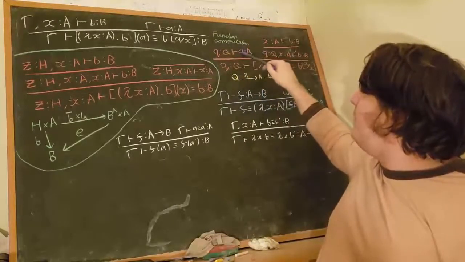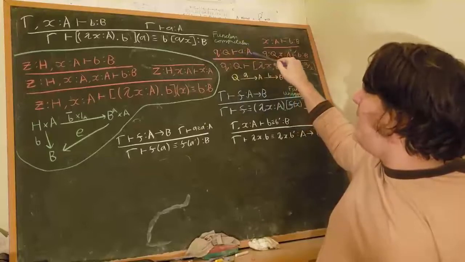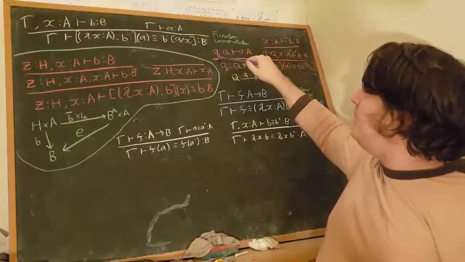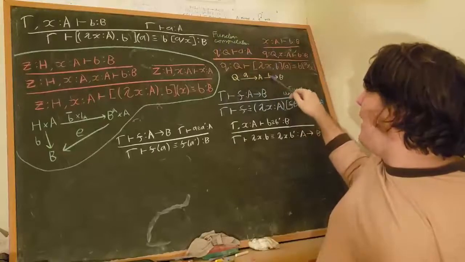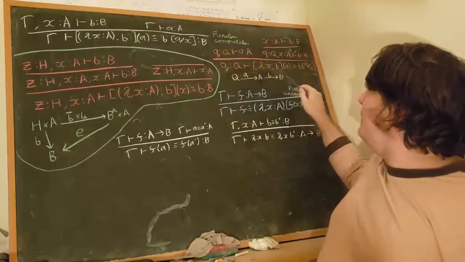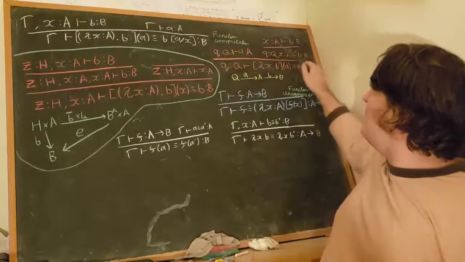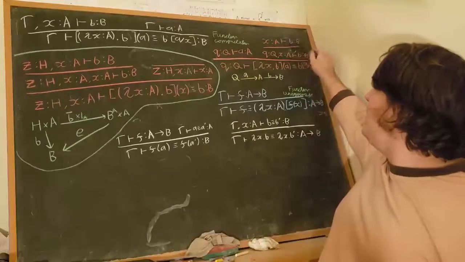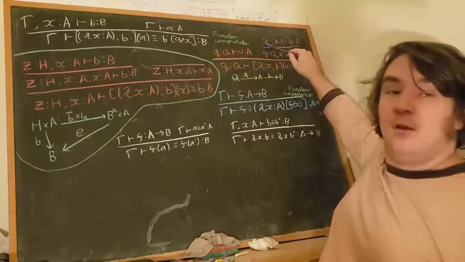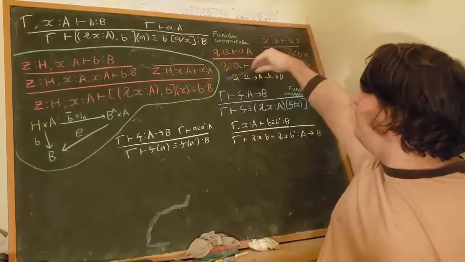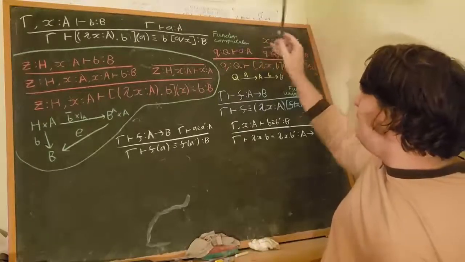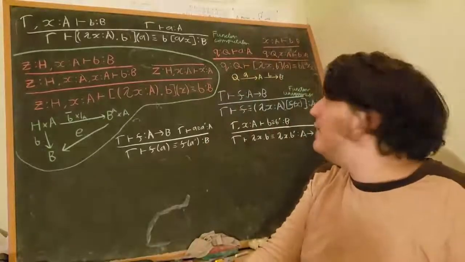We'd say that the term little a of type capital A has this variable q of type capital Q. And maybe we also have a function b from capital A to capital B, encoded like this. So the term little b might depend on this variable x of type A. So we have these two kind of functions that we're representing like this, and we want to compose them together.